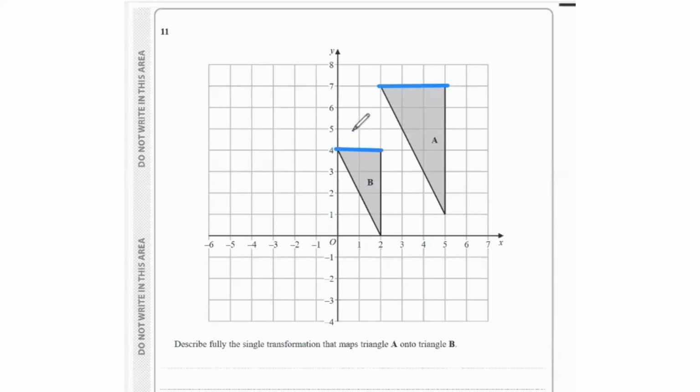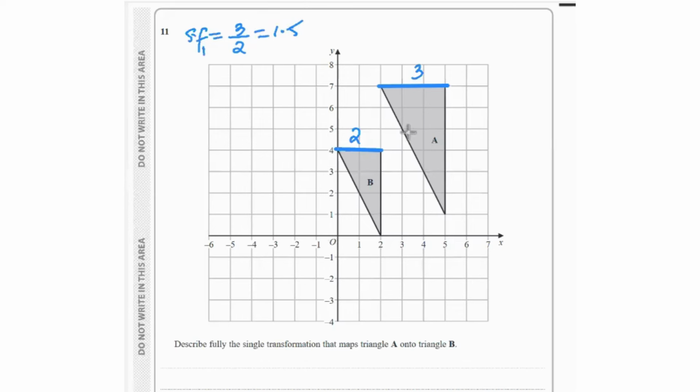We can see that this is 2 units and this is 3 units. So scale factor would be 3 divided by 2. You divide the new length by the original length, and that's 1.5. That's the scale factor.